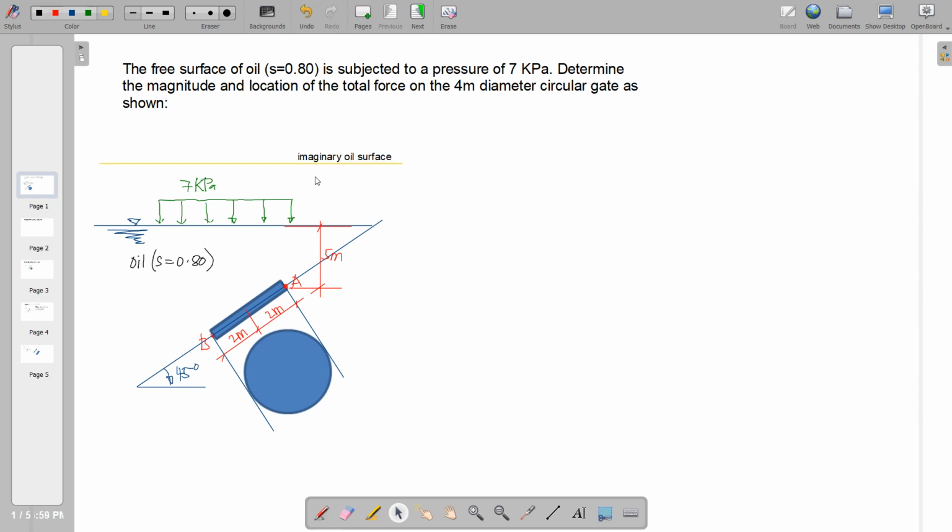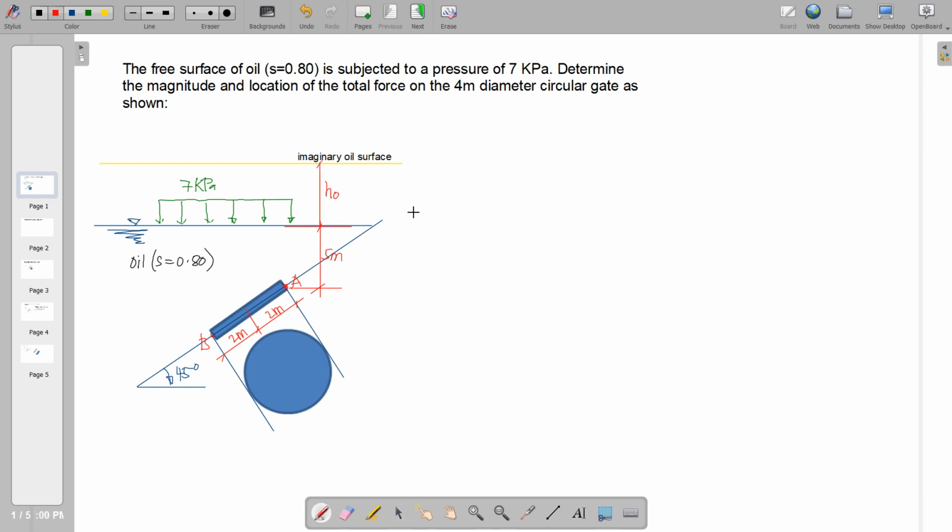So I'm going to label this yellow line as the imaginary oil surface. So we need to establish this imaginary surface to accommodate the head equivalent to 7 kilopascal in terms of oil, because we cannot use this line as our reference for our H bar. So that is our first step.